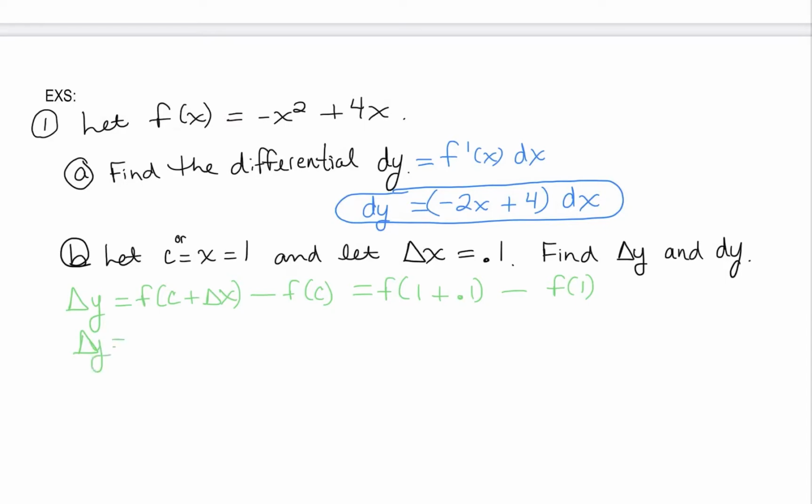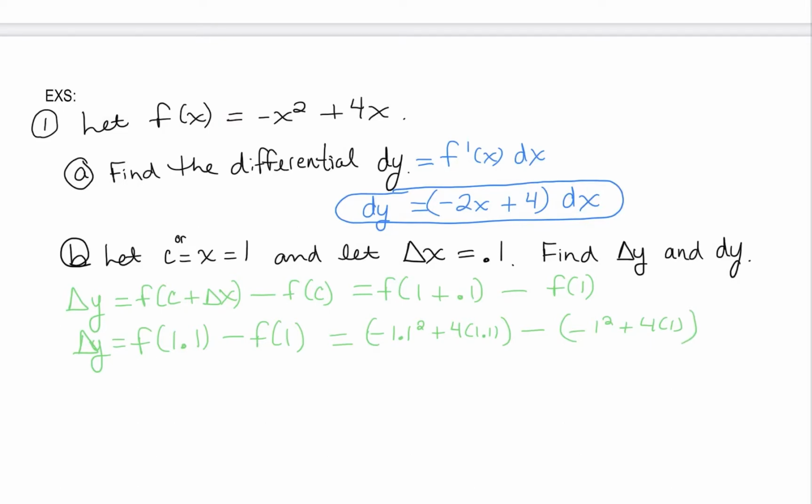So your delta y, your actual change in y, is simply the ending y value, f of 1.1, minus the initial y value, f of 1. So f of 1.1 would look something like negative 1.1 squared plus 4 times 1.1, and then minus f of 1, which is negative 1 squared plus 4 times 1.